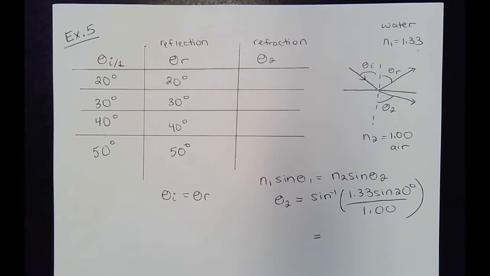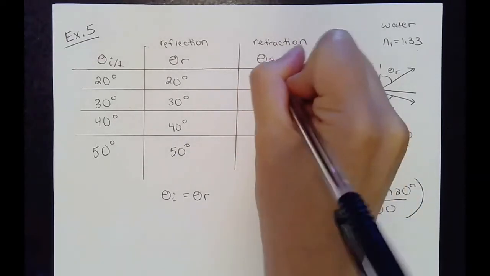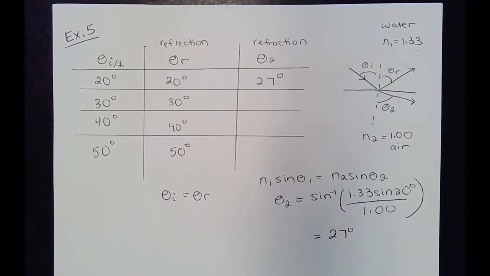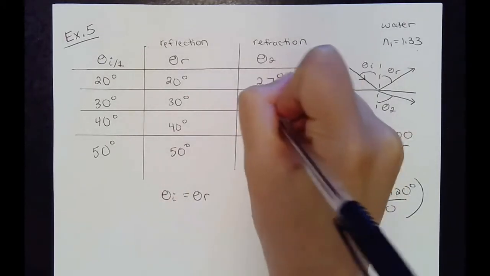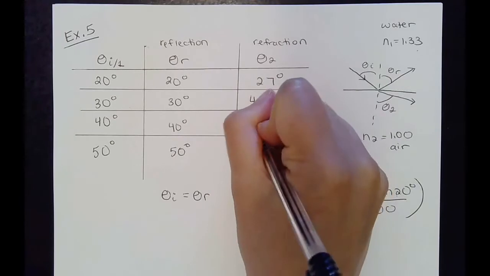And for 20 degrees, that gives me 27 degrees. I won't write them all out, but you can repeat this same calculation for the next box. So for 30 degrees, just replace 30 degrees here, and then we calculate again, and we get 41.7. And then again, 40 degrees here, using that for theta 1, gives me 58.7.